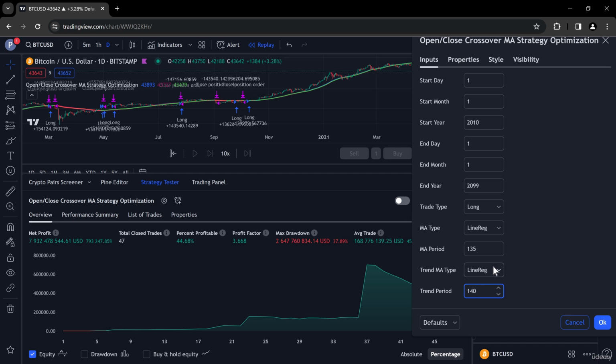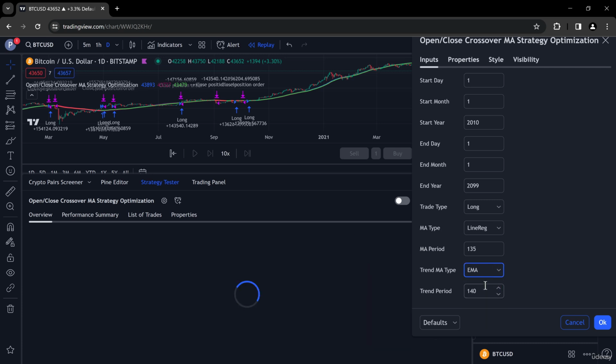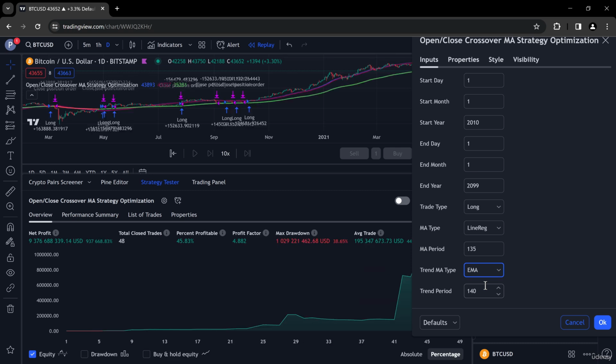When we start changing the parameters, we keep in mind the last highest net profit value that we have, 793,000. So let's change it to, let's say, EMA. Okay, now we get an even higher net profit, 937, right? Then let's change the trend period now.